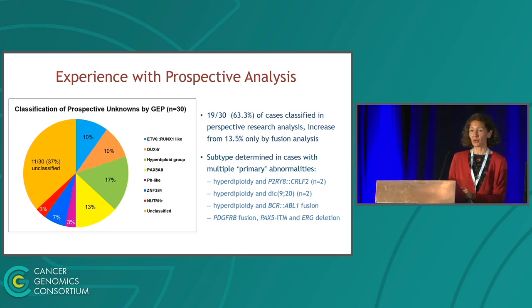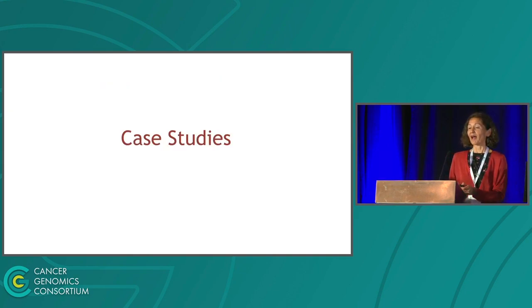If we have 2 abnormalities that are known to be primary drivers in BLL, it becomes unclear which subtype this belongs to and which one is really primary and which one is secondary. For example, we had a hyperdiploid case with CRLF2 fusion, and a hyperdiploid case with t(9;22) with BCR-ABL fusion. We were really interested to see what these would end up being based on their expression profile, and I will show one of those cases in our case studies.